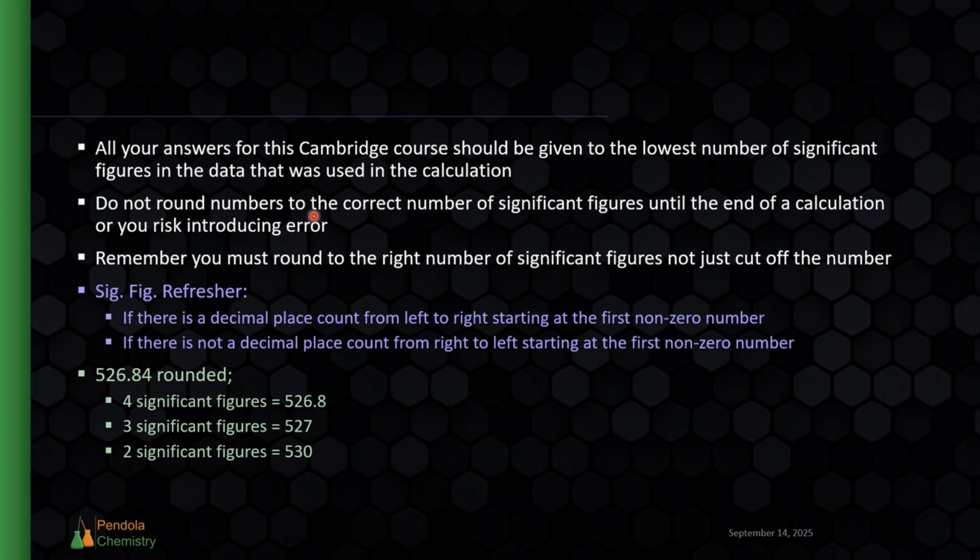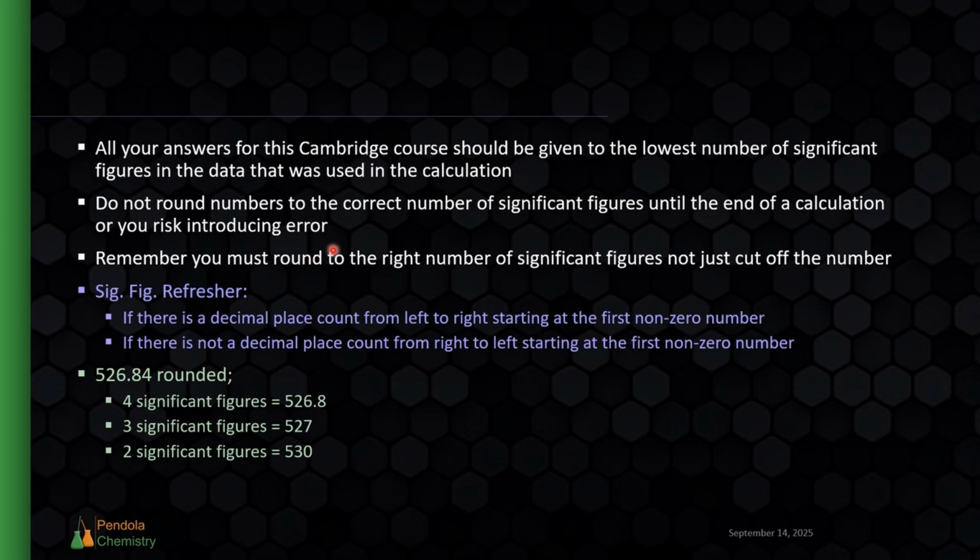Do not round numbers to the correct number of significant figures until the very end of your calculations, because you risk introducing error. When we're doing work like this, we leave the rounding for the very end. We round our final answer to the correct number of significant figures. Because if you do a step and then round, and then do another step and then round, you're introducing what we call rounding error.